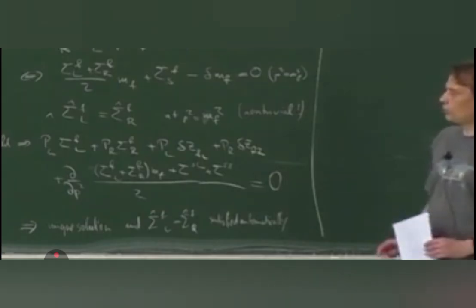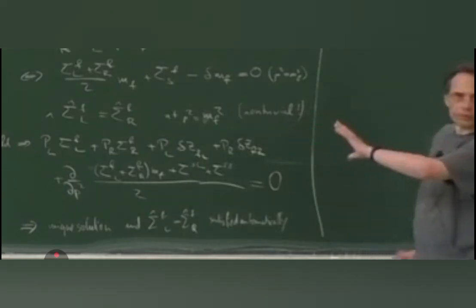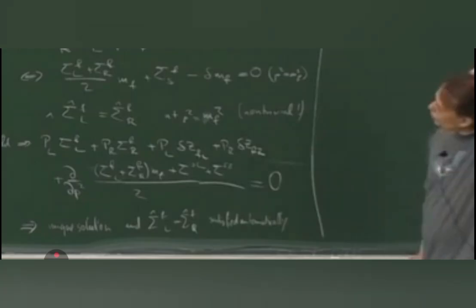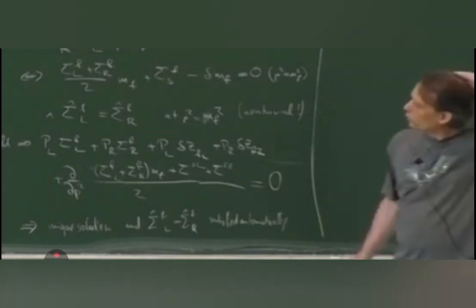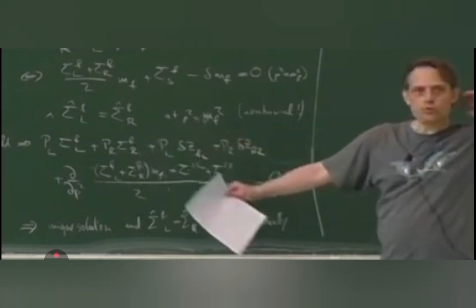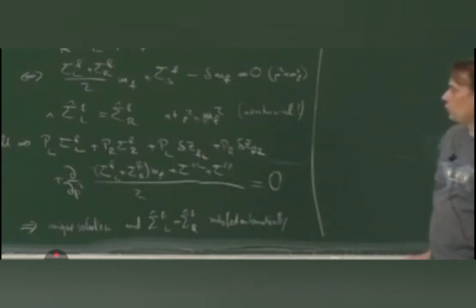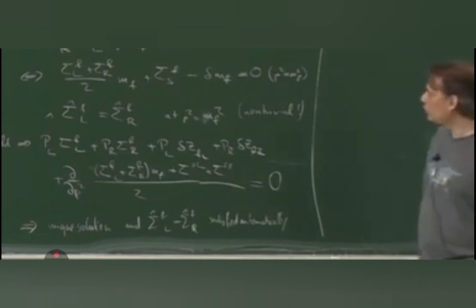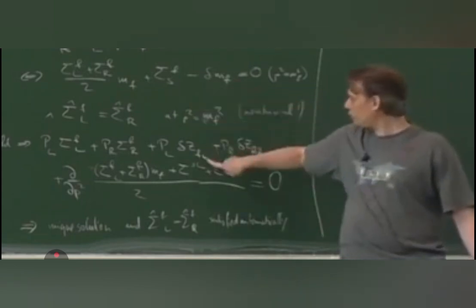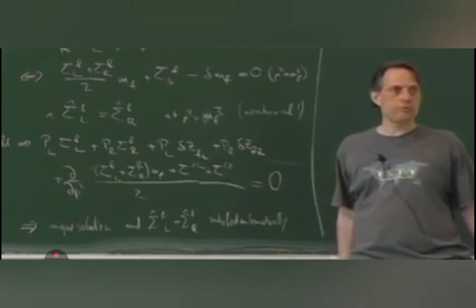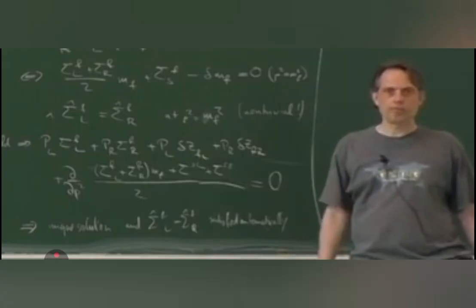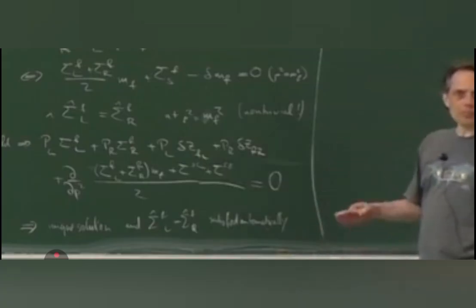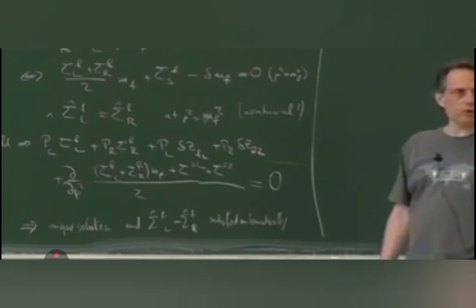Good. And so actually deriving all this in detail is more effort, and it relies on those relationships that I've written down here. However, that is the result. So it gives you a practical determination recipe for delta MF and for the two left and right-handed field renormalization constants. And it will be even more complicated if you have three generations and mixing between the fermions of the three generations.